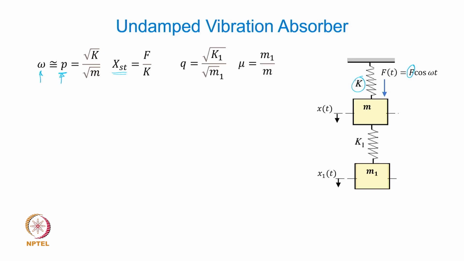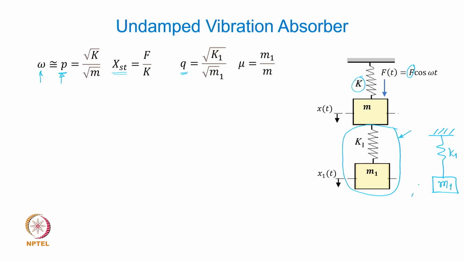Then we define another natural frequency, in this case the natural frequency of the attached auxiliary system. This system is going to be attached to the parent system, and if I consider this to be an individual single degree of freedom vibratory system before I attach it to this, then its natural frequency is defined as q, which is equal to square root of k1 by m1, because I am considering this as a separate single degree of freedom vibratory system having its own mass and own stiffness.